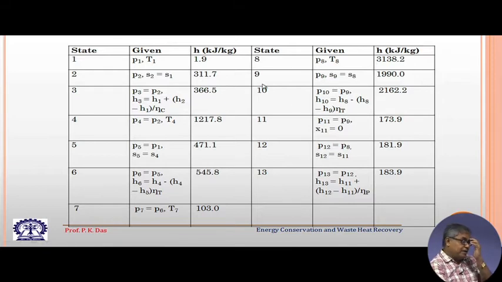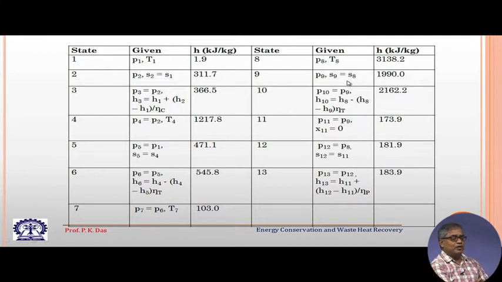Then if this steam could have expanded isentropically, we could have got point 9 at condenser pressure P9, and assuming isentropic expansion, S9 is equal to S8.